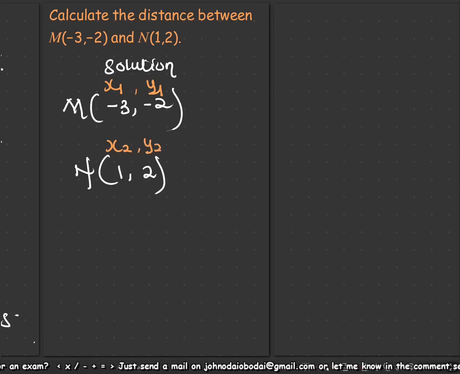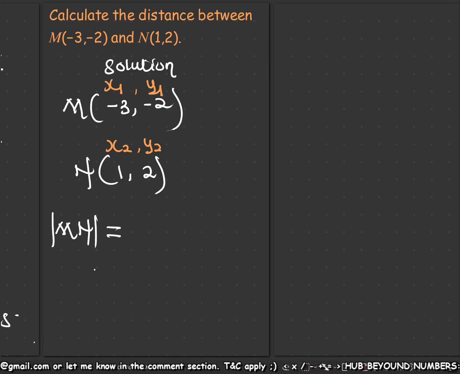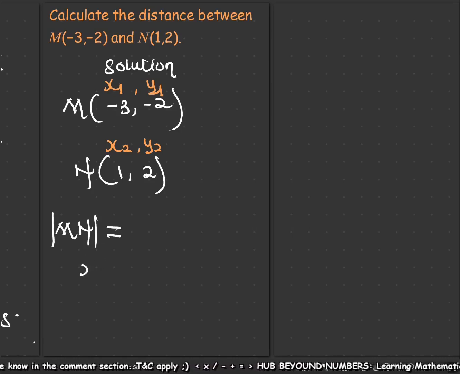So now that we know what is going to represent what, we are now going to say the magnitude of MN, or the distance between M and N, is going to be equal to the formula. So we said it can also be written as x2 minus x1.